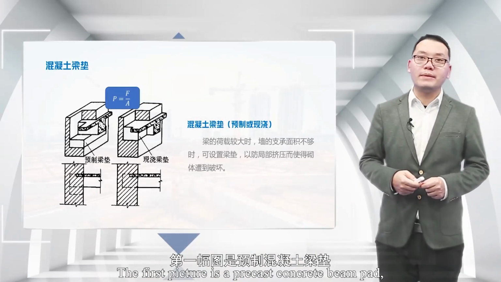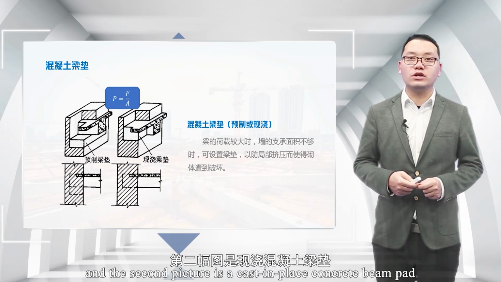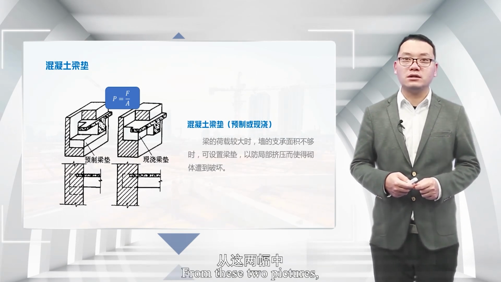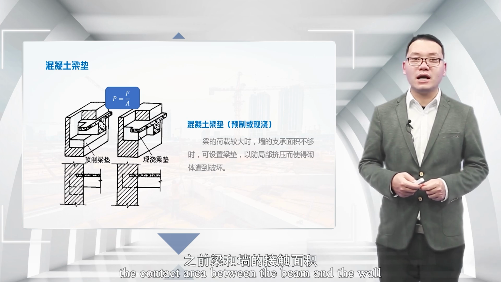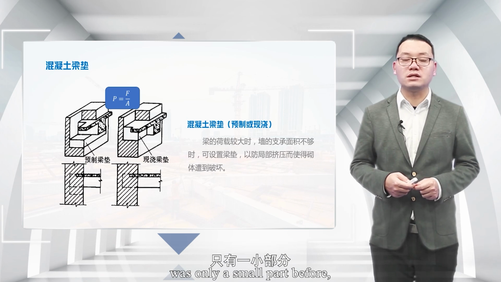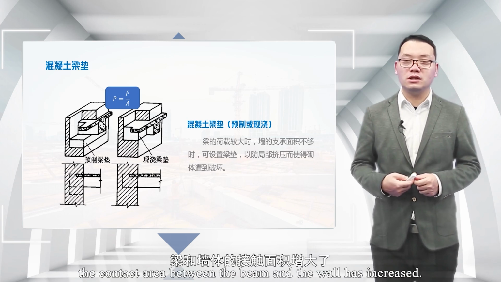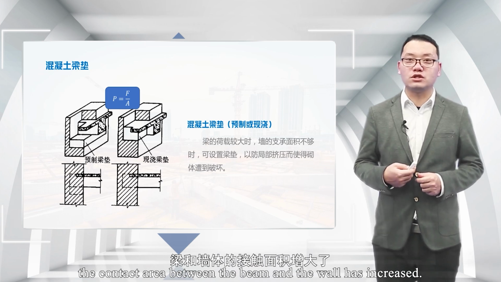The first picture is a precast concrete beam pad, and the second picture is a cast-in-place concrete beam pad. From these two pictures, we can see that the contact area between the beam and the wall was only a small part before, but by setting beam pads, the contact area between the beam and the wall has increased.